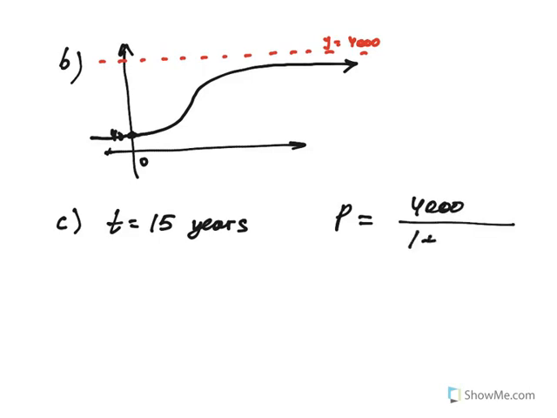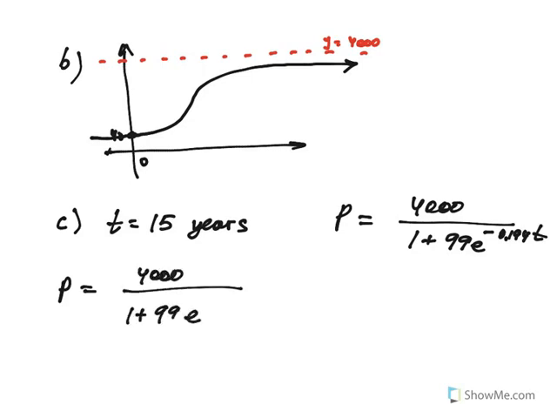P equals 4,000 over 1 plus 99 e to the power of negative 0.194 times t, and time is 15. So all you have to do is just type this in your calculator, and you will get 626. So that's your population after 15 years.